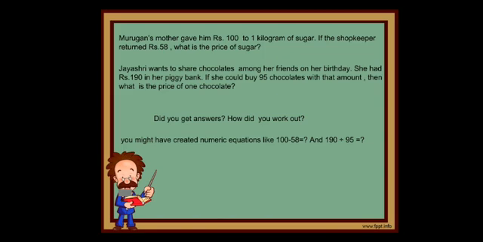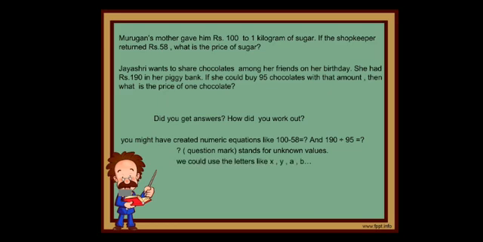So you might have created numeric equations like this. Here the question mark stands for unknown values, that is, what we don't know. What is the price of sugar? That is not given, that is the unknown value. But we'll create a numeric equation like this and find the unknown values.